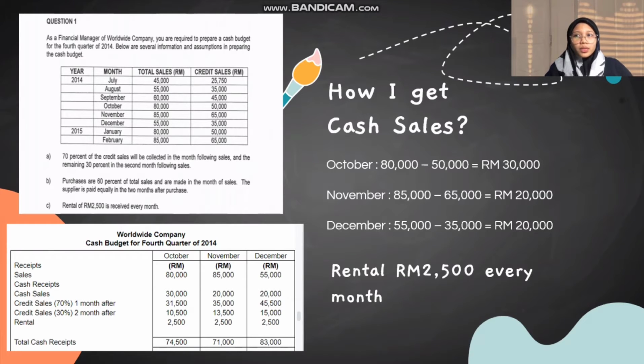For November we get 20,000 ringgit, and December 20,000 ringgit too. For the rental, we see in the question 2,500 every month, so we just put the 2,500 in October, November, and December.